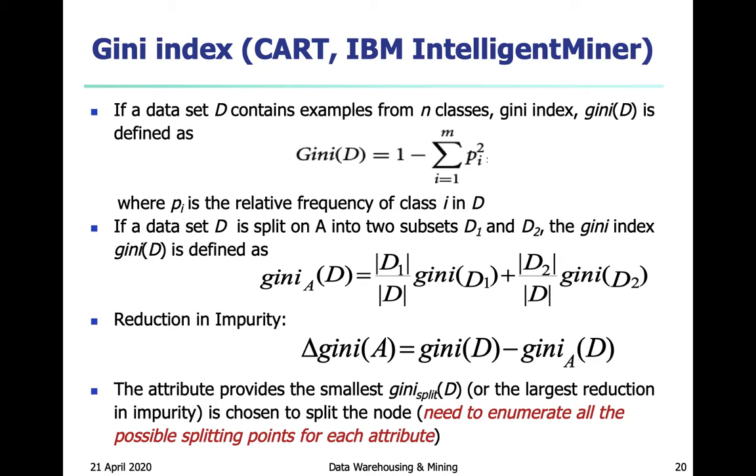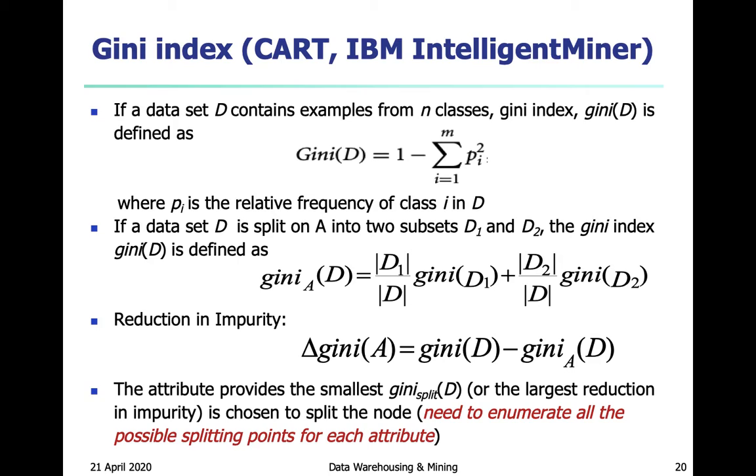The attribute that maximizes the reduction in impurity, or has the minimum Gini index, is selected as the splitting attribute. This attribute is either a splitting subset or a split point. If you use a discrete-valued attribute, it will be the splitting subset. If you use a continuous-valued attribute, it will be the split point. Together they form a splitting criteria.